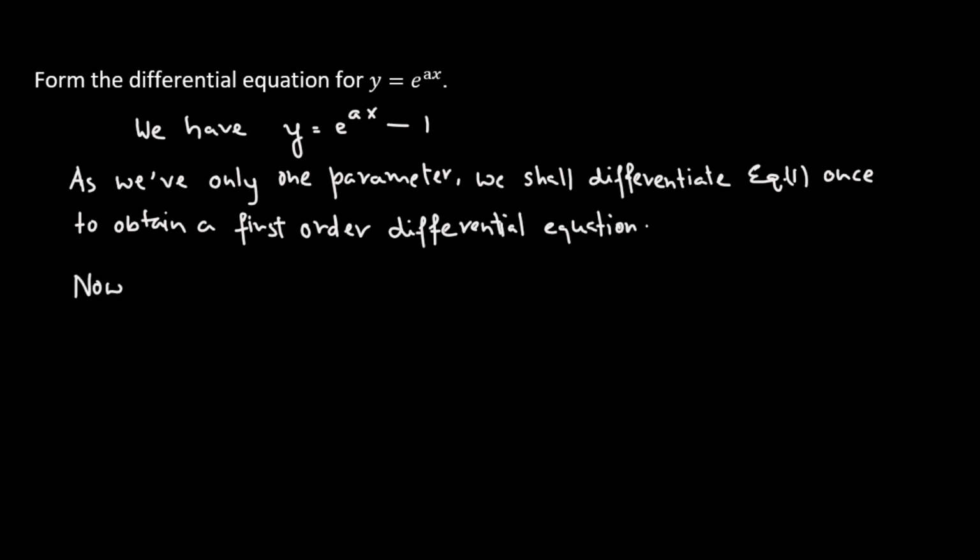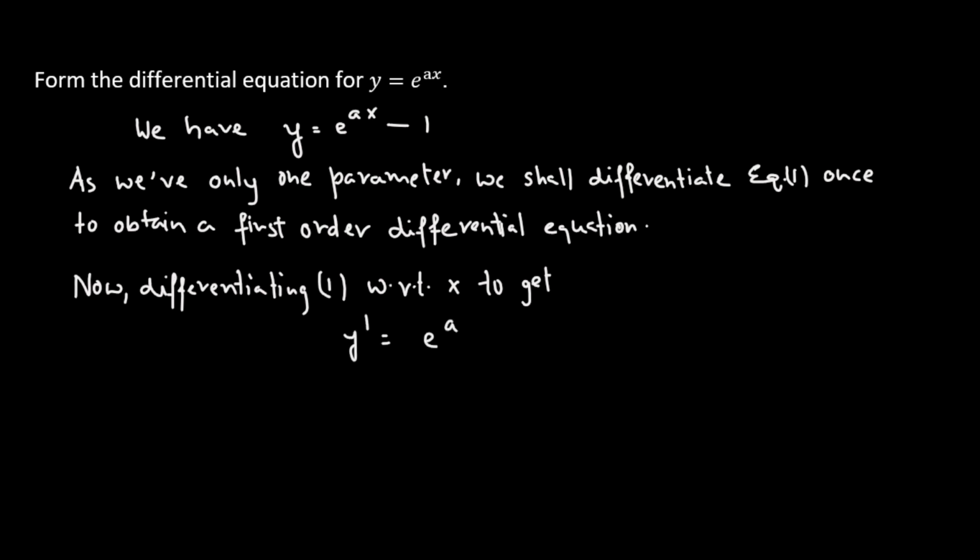Now differentiating 1 with respect to x to get y prime equals the exponential function e raised to the power of ax multiplied by a, which is obtained by using the chain rule and differentiating ax. So we can replace e raised to the power of ax with y. That gives us y prime equals a times y.